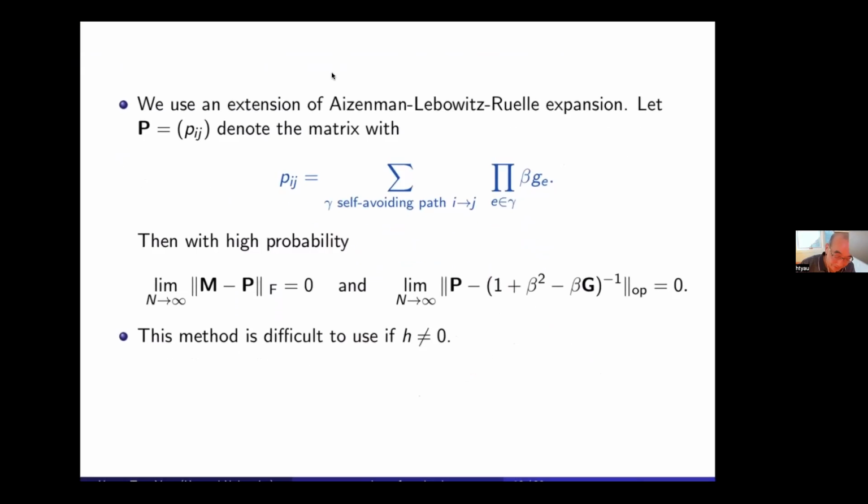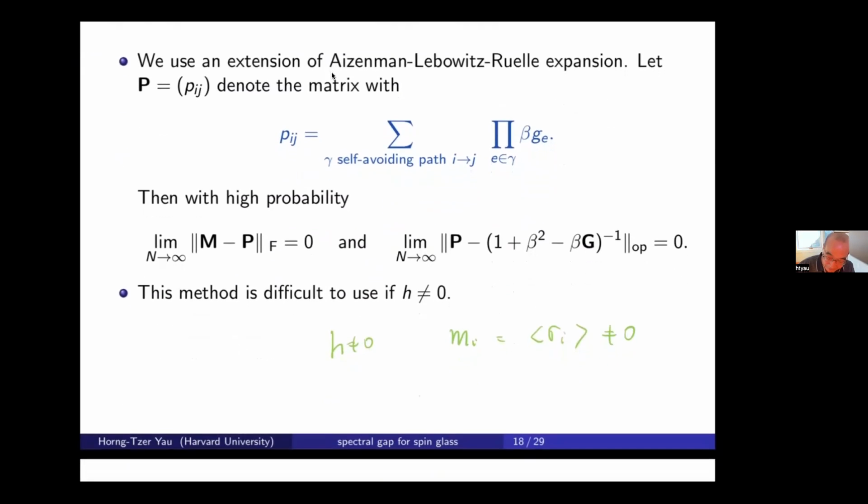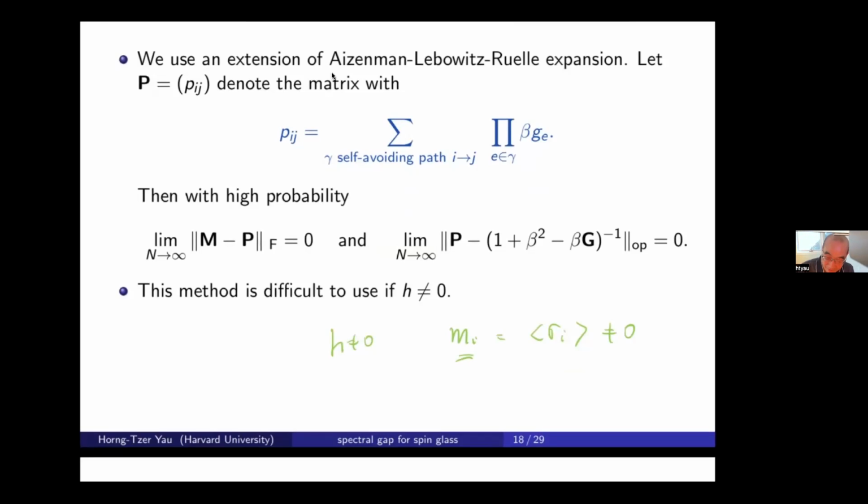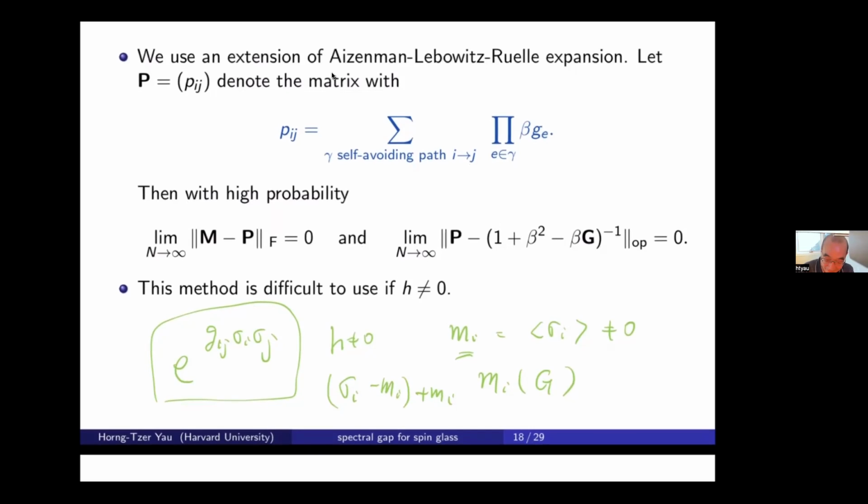The reason is that once H is non-zero, the magnetization m_i is non-zero, and this quantity is i-dependent, and m_i also depends on G, the whole matrix G. So if you want to expand e to the G_ij sigma_i sigma_j, of course you want to center this, plus m_i, you can write it this way and you want to centralize, but because all the m_i depend on randomness, it just didn't work.